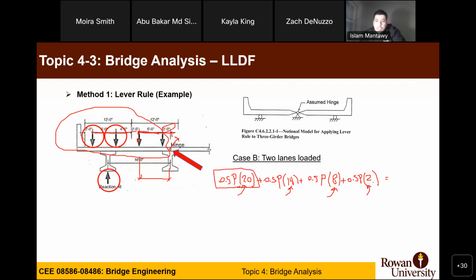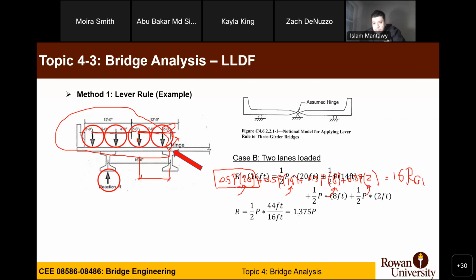And this should equal 16 RG1. If you solve it, it gives 1.375. And the multiple presence factor is 1, so it's just 1 times 1.375.